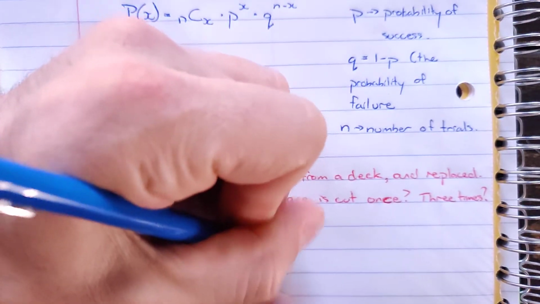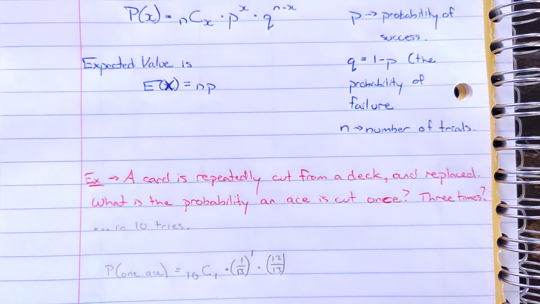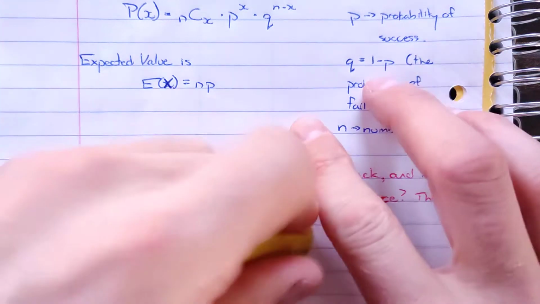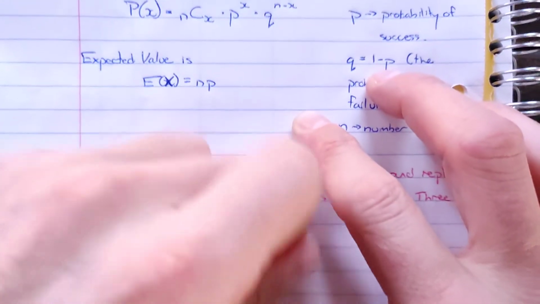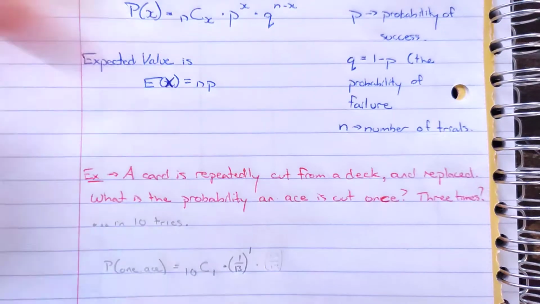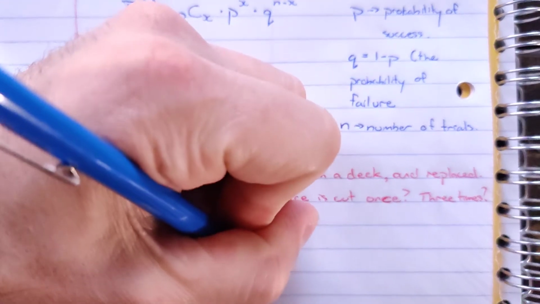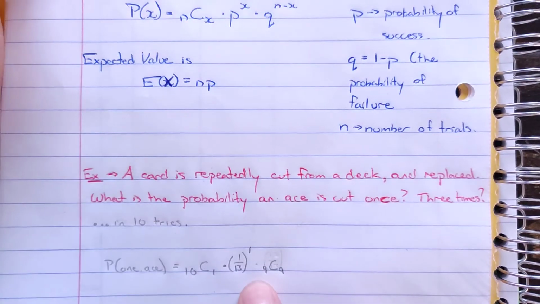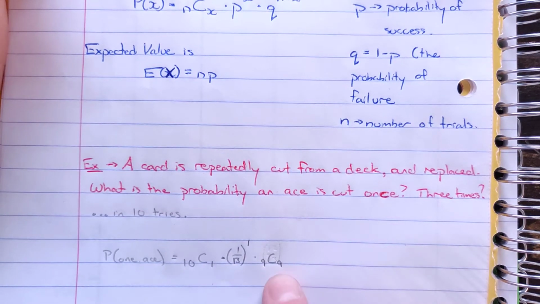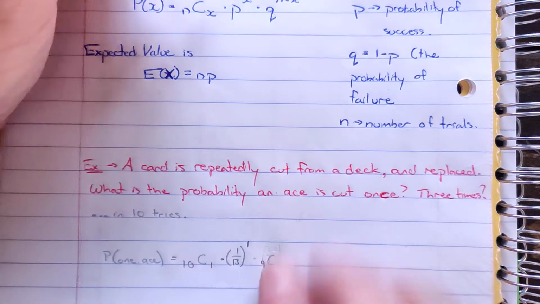So all the other hands that we don't get an ace, and I missed a piece here, sorry. So choose the hands that we don't get an ace. There's 9 times we're not going to draw an ace, and there's 9 tries left to do that.